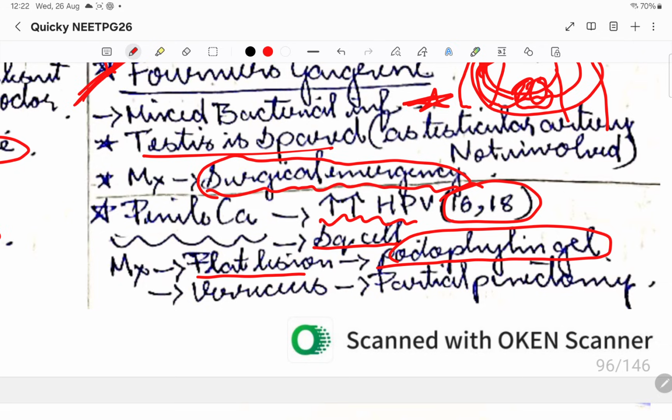In the penis there will be ulcer-like or flat lesions, or elevations. That is how we can diagnose penile cancer. Also a cauliflower-like appearance, basically squamous cell carcinoma, right? If it is a verrucous type, then we are going to go for partial penectomy. Okay, partial penectomy we are going to do.